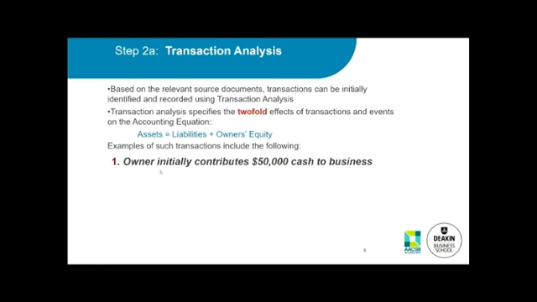So let's look at this one. The owner contributes $50,000 to the business, right? What would be the accounts that are affected in this transaction? Cash and what? Capital, correct, that's right. So our cash is going up, asset cash, and the capital is going up.